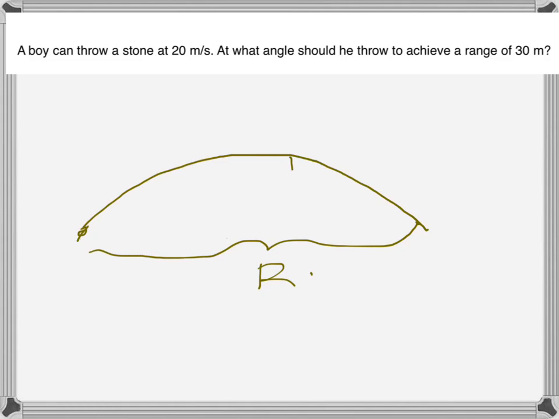If the question was that it tries to hit a wall which is this much high, then we would have a y which would be the height of the wall, or where the ball wants to hit.